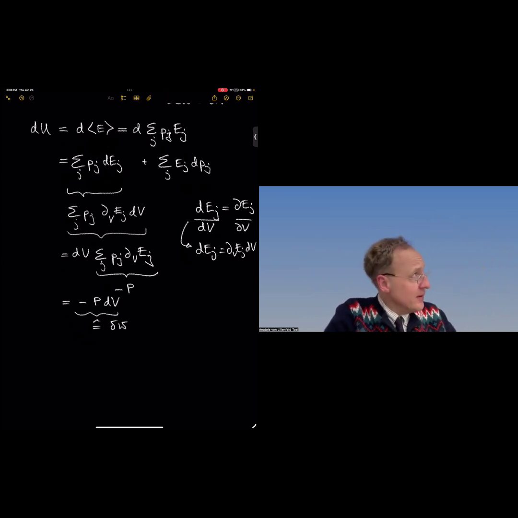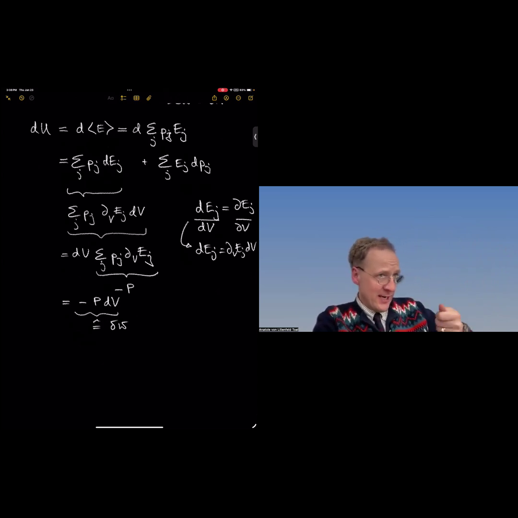Now, you should have seen this in previous semesters in your thermodynamics, that the total differential is the change in one function, and now you have to ask, what are the possible variables that could induce such a change, right?